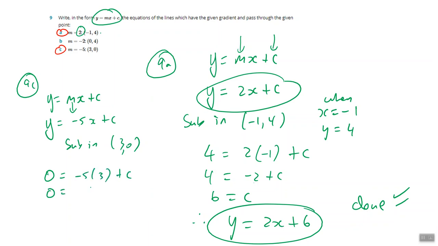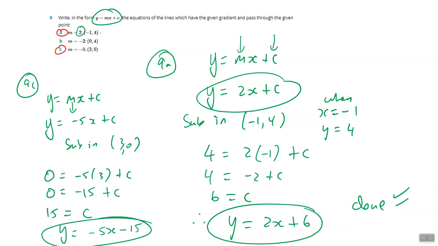So this is -15 plus c. I add 15 on both sides, and the -15 and 15 cancel. So I'm left with c equals 15. So therefore, y equals -5x plus 15. Okay, that's your final equation.